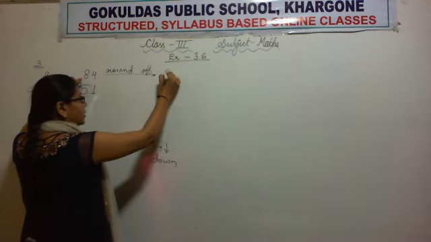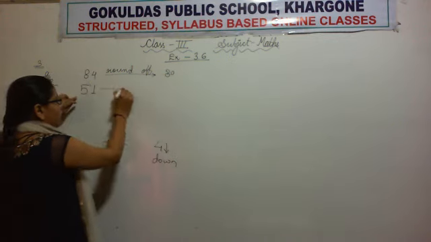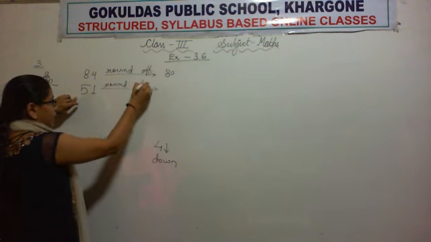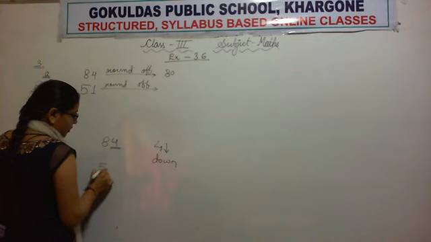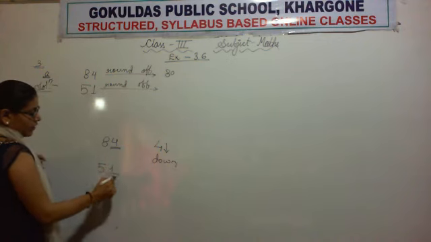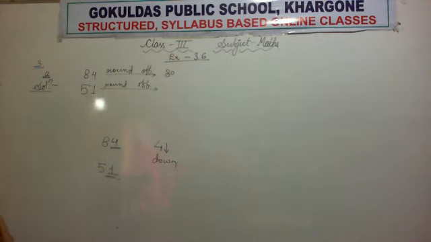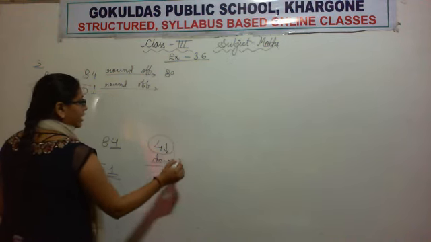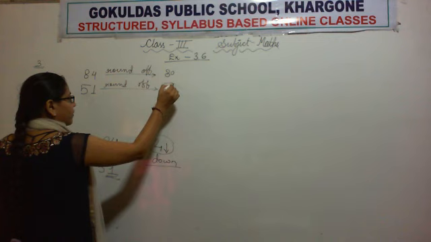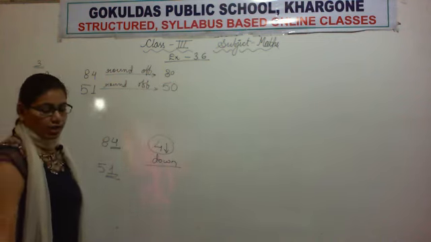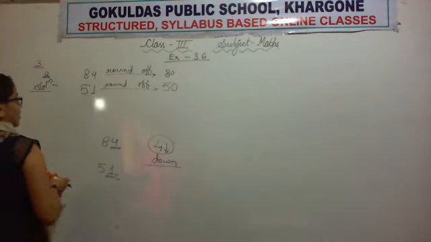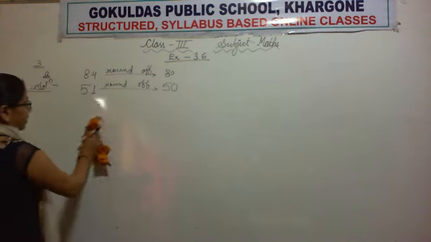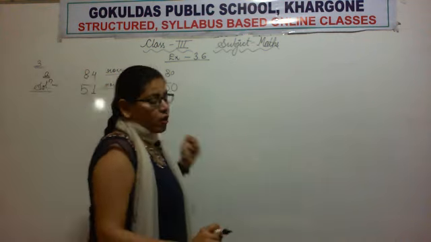So we will round it down to 80. Now let's round off 51. Now look at the number 51. This number has 1 at one's place, and this is also lesser than 4. It means again we will round down. We will round it down to 50. Now we have found out the estimated values, the rounded off values.